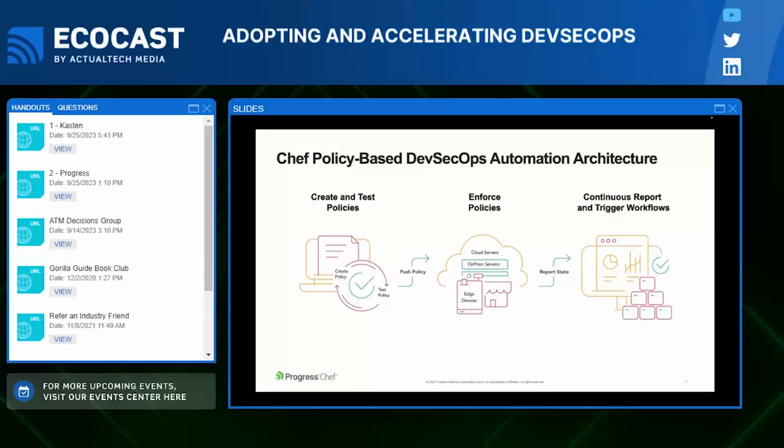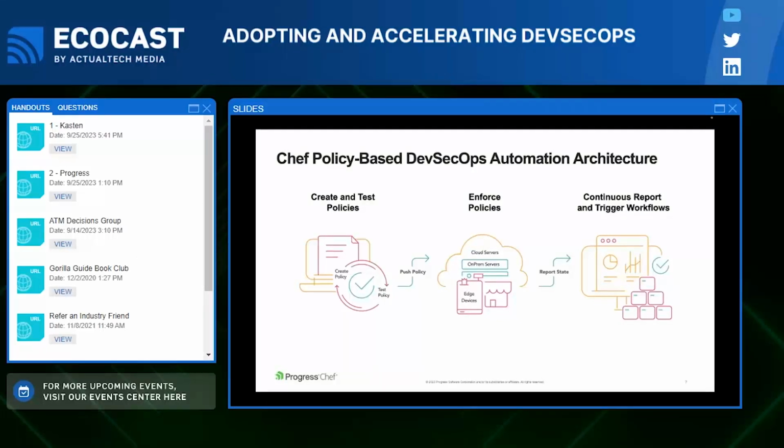And so within a DevSecOps team, what that really looks like is kind of 3 phases, right? So the first is creating and testing those policies. This is going to be your local development. So we'll create those, we'll test them locally. They'll go through a dev environment. And then we're going to lock that policy down, and then we push it out to our environments.